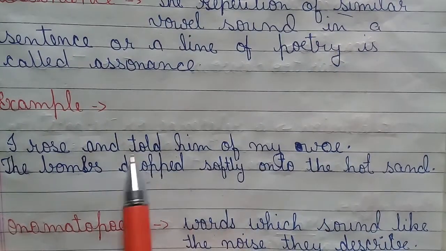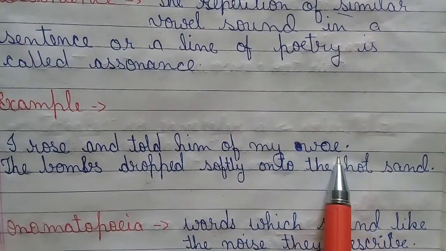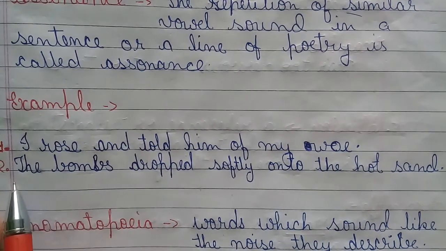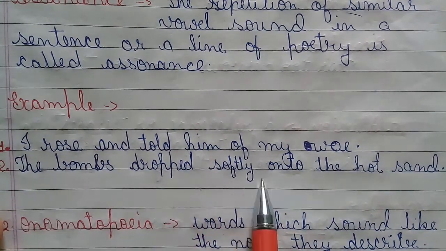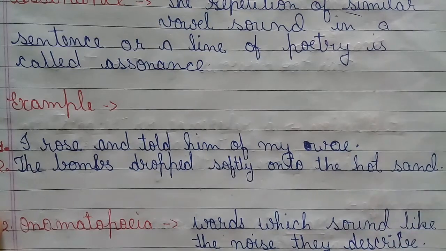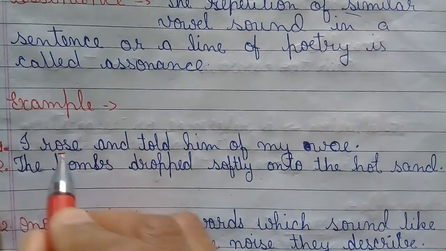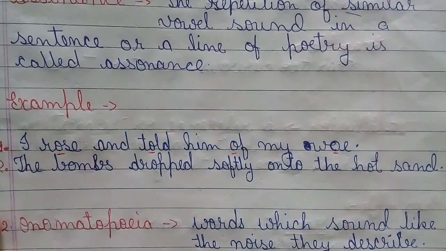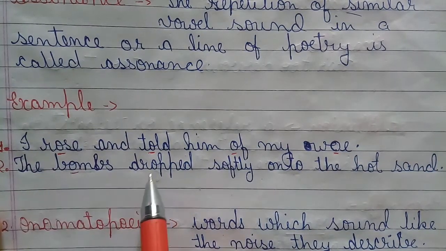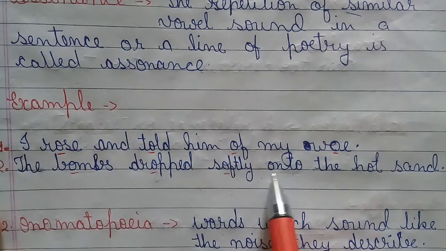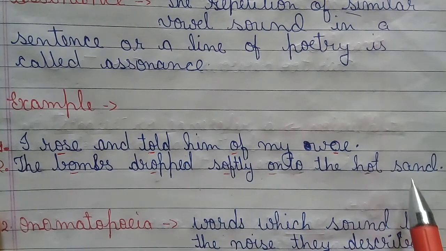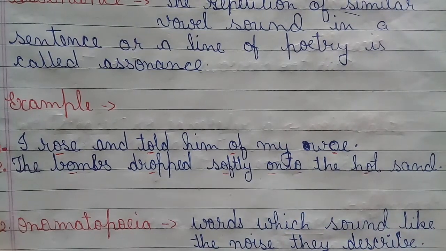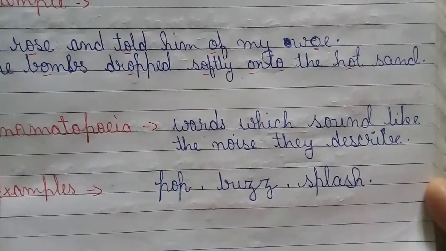I rose and told him of my woe. Next example, the bombs dropped softly onto the hot sand. Here in the first line, the O sound is repeated many times. And in the second line also, the O sound is repeated again and again. So there is assonance.